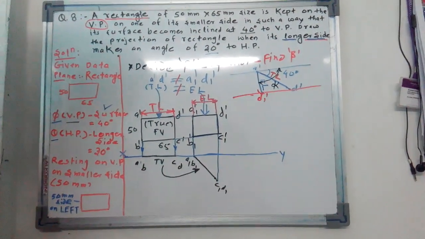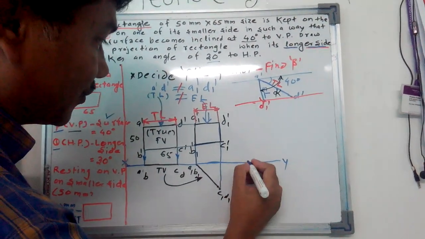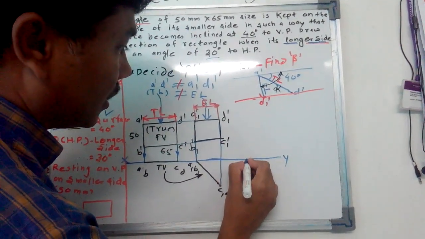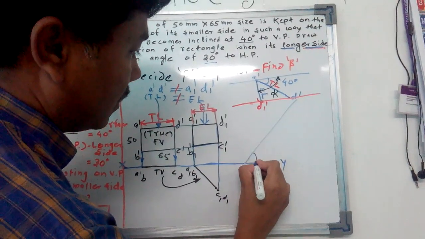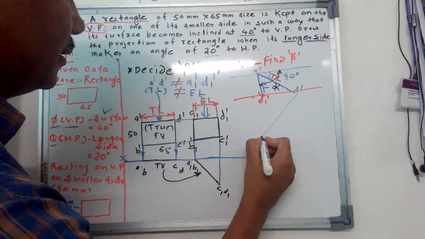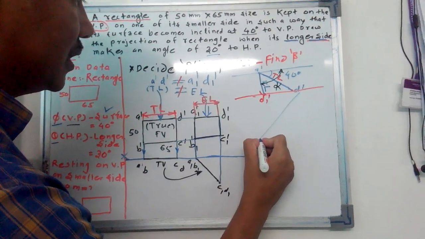So how you will do it? Simple thing, from any point here you will be taking alpha angle, then on which you can rest AD or BC, whatever.